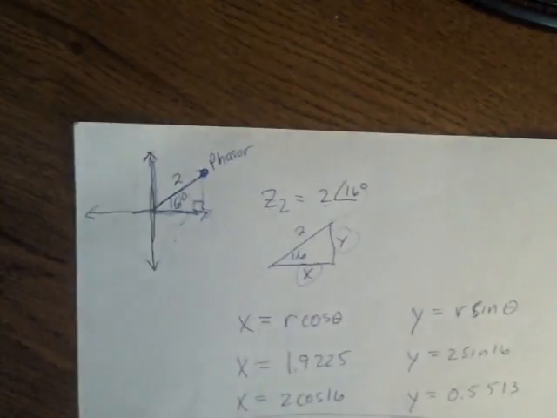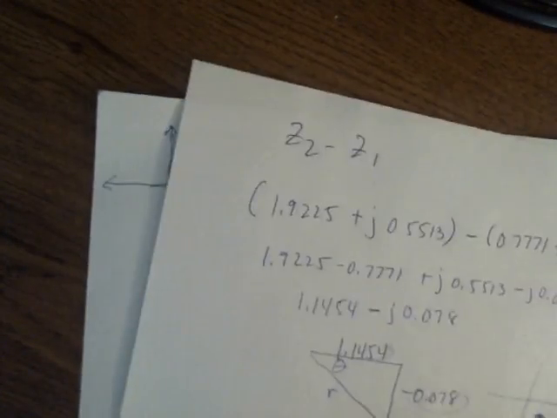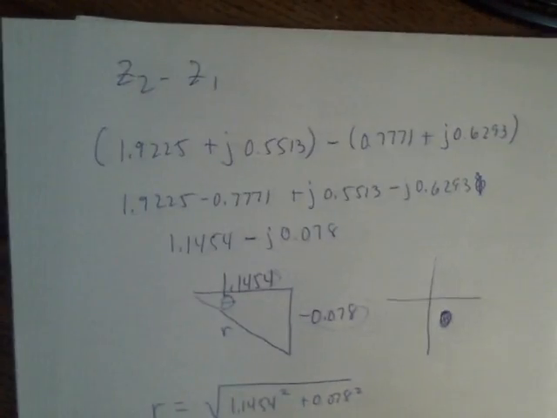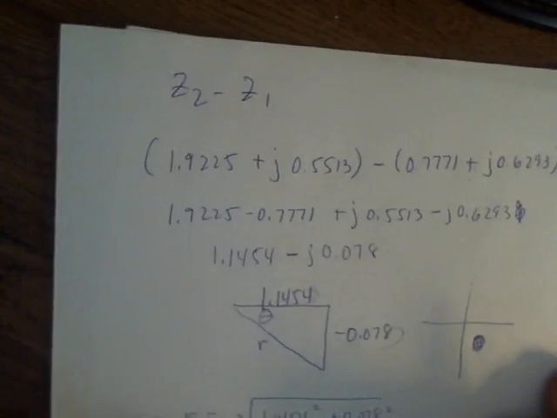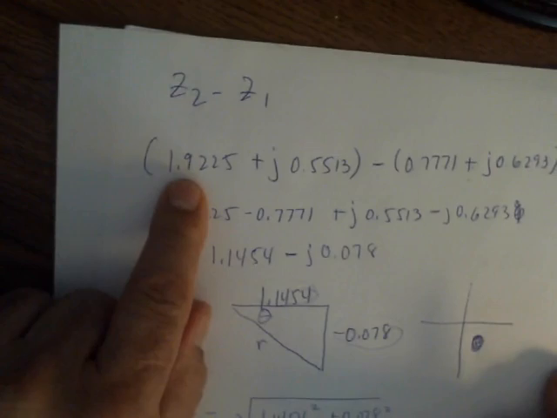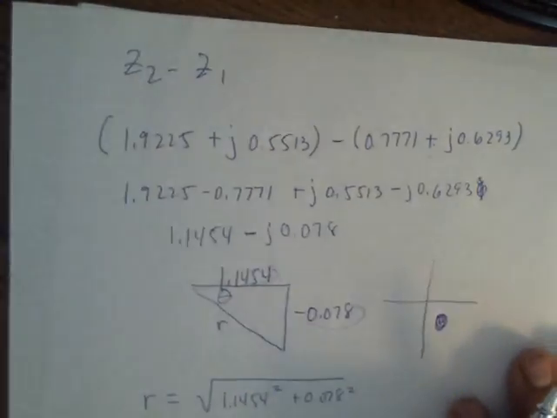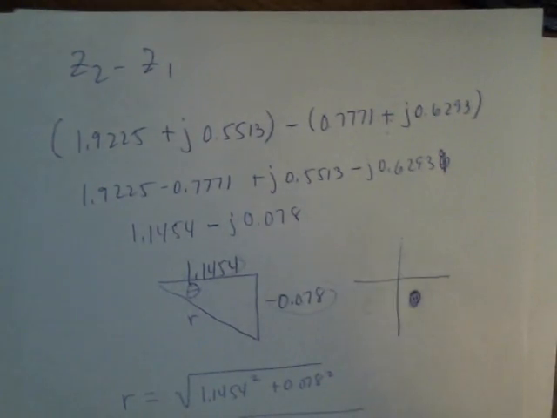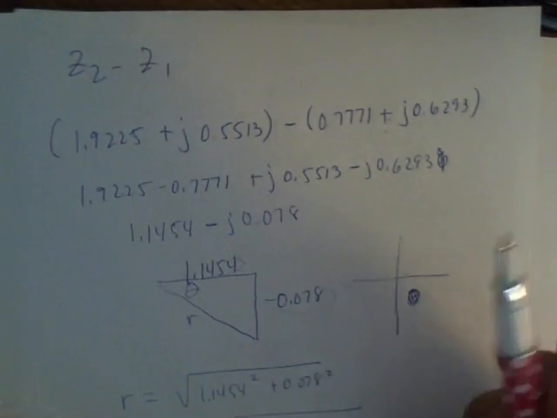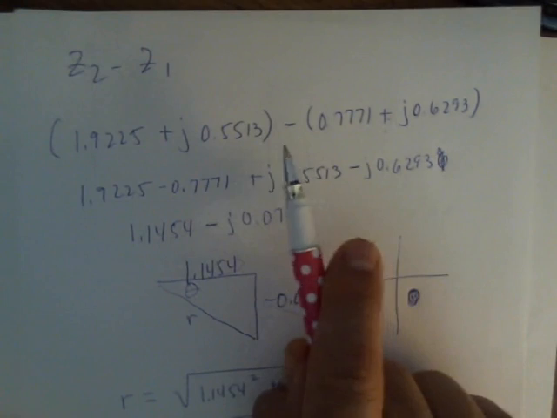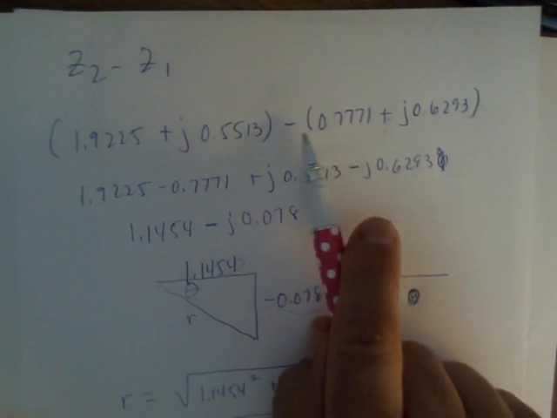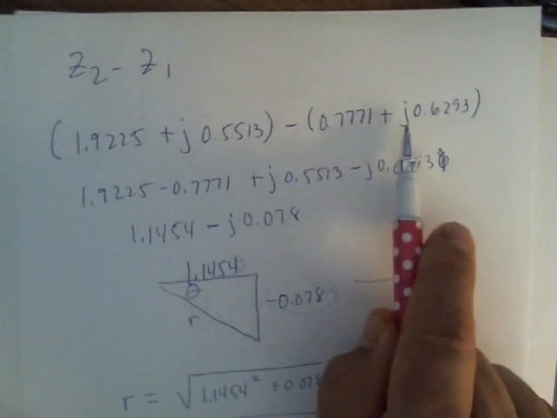Okay? All right. Now we're going to look at subtracting them. So I subtract Z2, which were these, minus Z1, which are those. So we got those set up. And keep in mind, when you're subtracting, you have to make sure you subtract the first one and the second one.